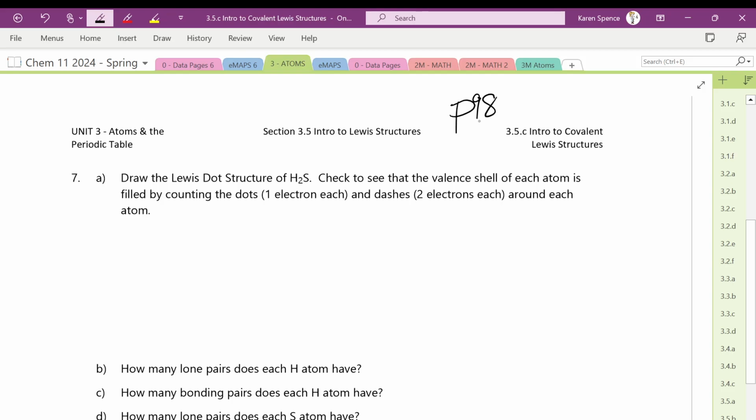Wow. So, how many people? Bonding there, so bonding. Two electrons go one pair.